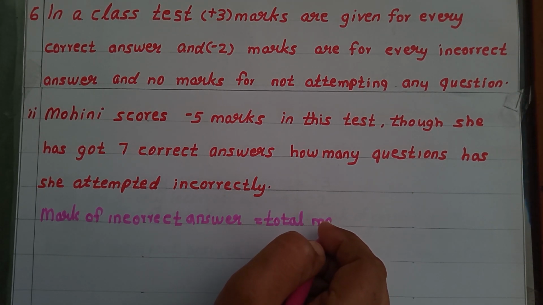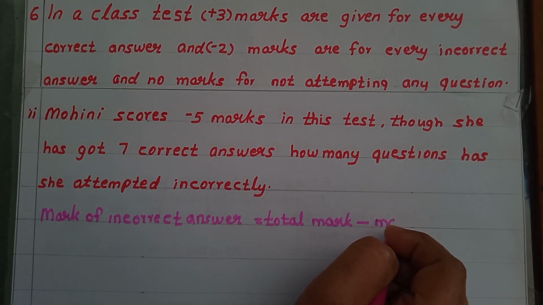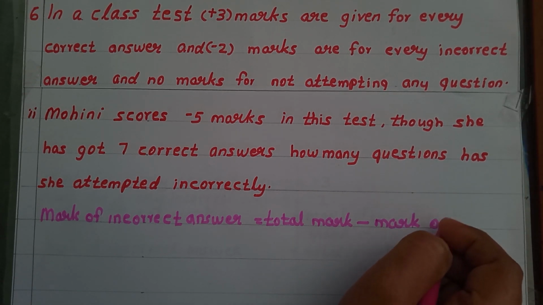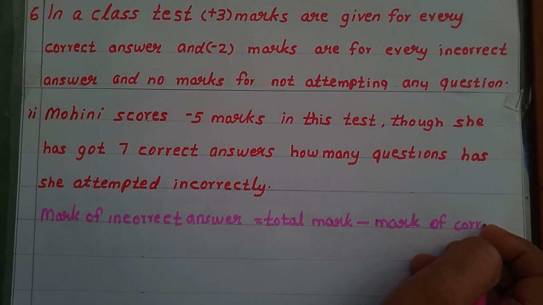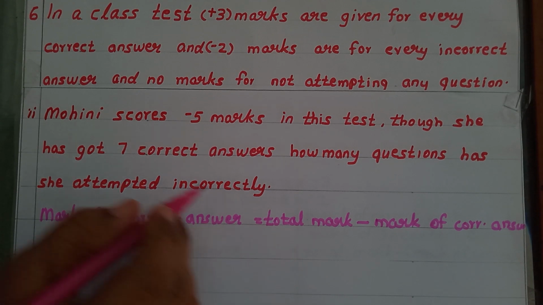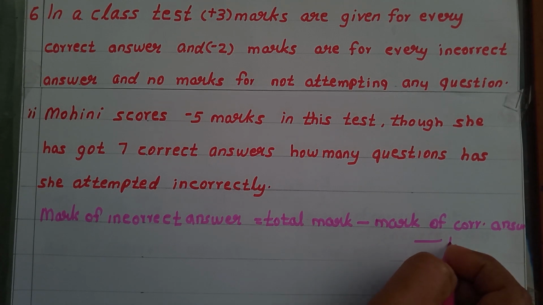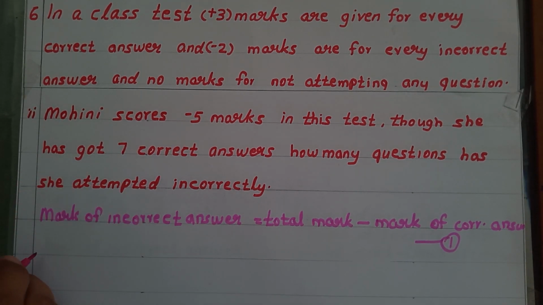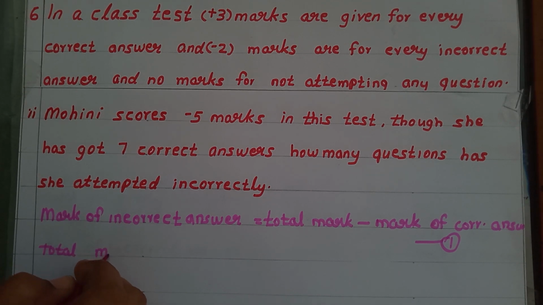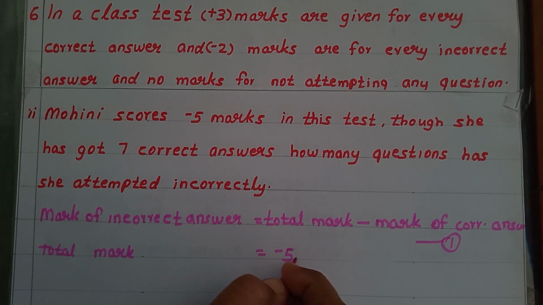Here we know the total mark. Total mark is minus 5. So we can write down, this is equation number 1. Total mark equal to minus 5.